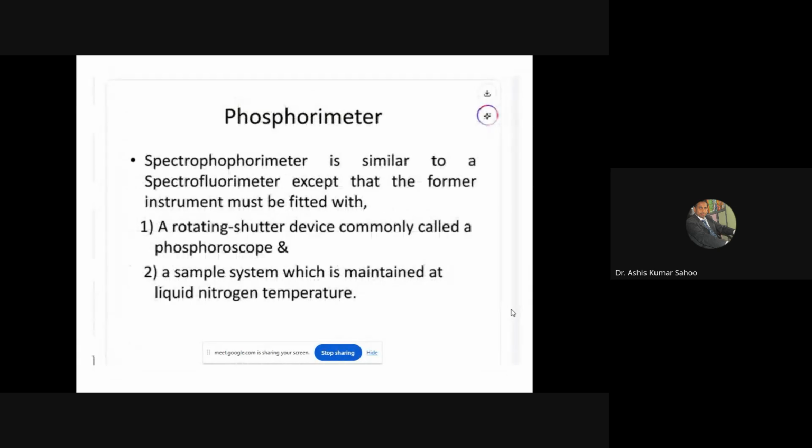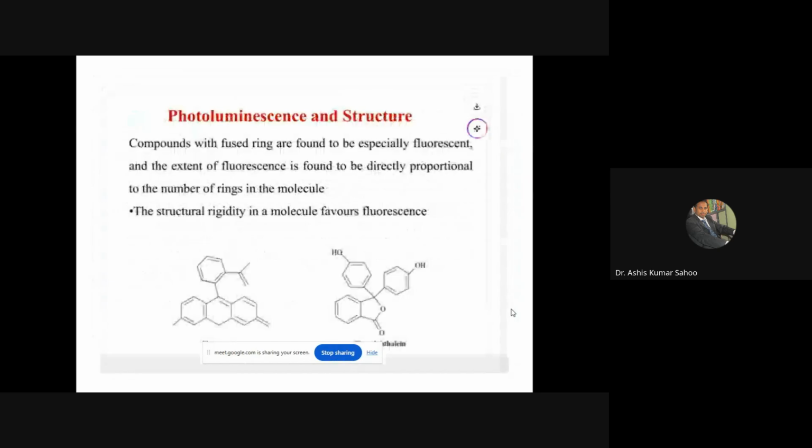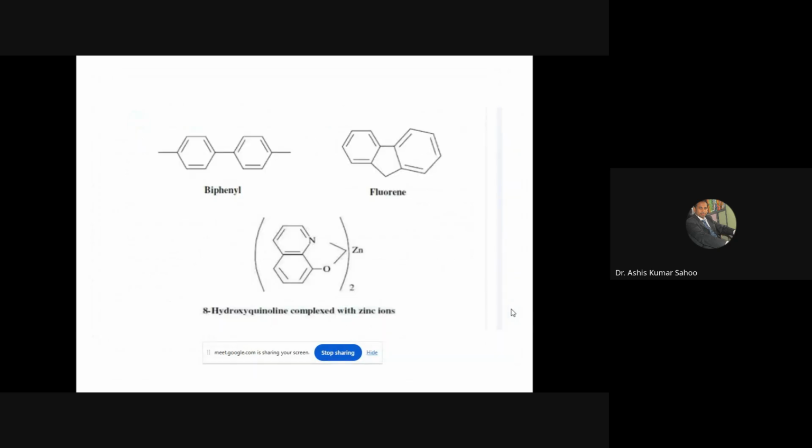So what is a phosphorimeter? This is nothing but a spectrophotometer. These are two examples of photoluminescence, and this molecule can be used for photoluminescence.